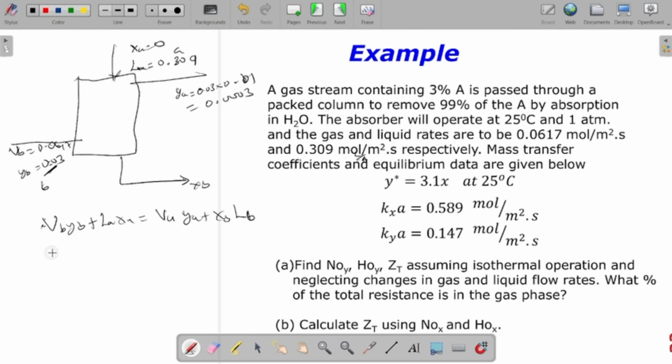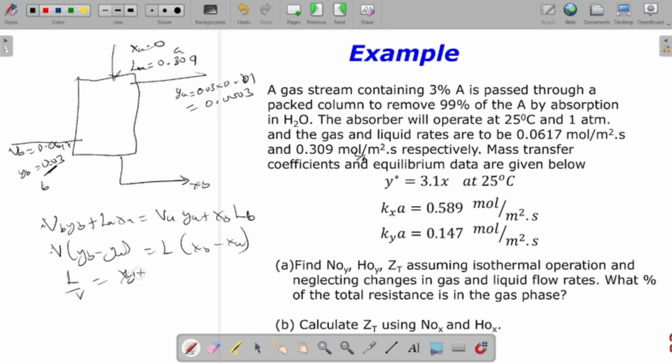So based on this equation, and I put in my V's, I have V times YB minus YA being equal to L times XB minus XC. So over here I have L over V.